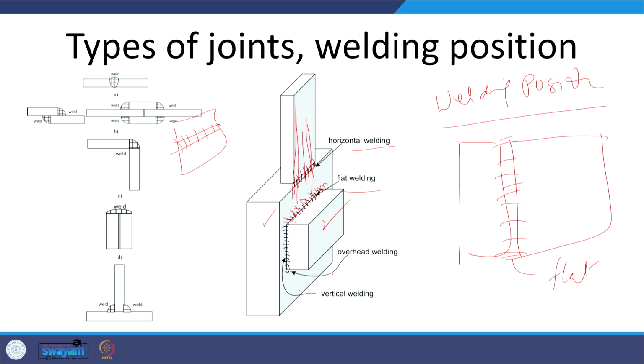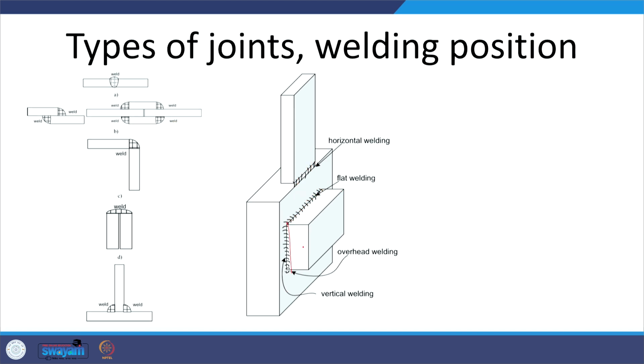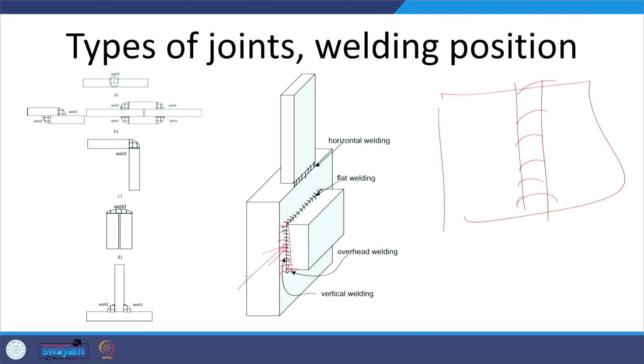And when the components are in vertical position and the weld metal is deposited along a vertical line, as in this 3D image, this is called vertical welding. And when the weld metal is deposited from the lower side and directed in an upward direction, this is called overhead welding.